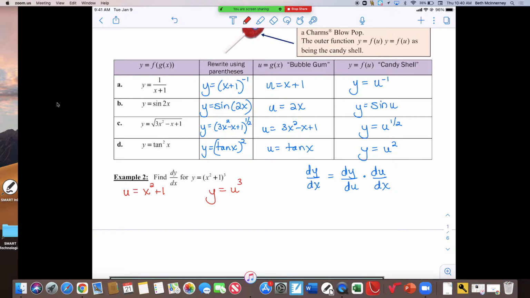So watch what I'm going to do. I'm going to find the derivative of u with respect to x. We call that du dx. So that's 2x. I'm going to do dy du because that's going to give me the derivative of y with respect to u. So that's 3u squared.